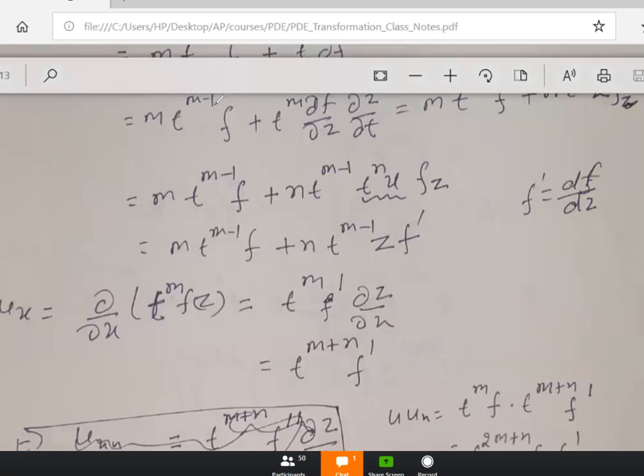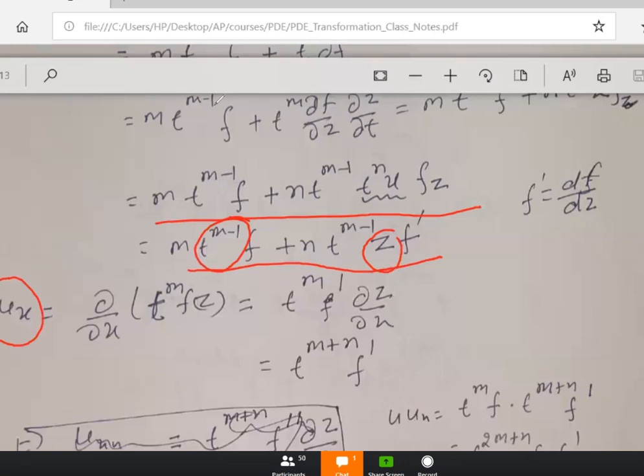Okay. So now we have this term. Again, simplify it, you will get this. Now if you see, t is still there, and this is the z; you want to convert the partial differential equation in terms of z. Now you again go for u_x. So if you do it, you will get this.